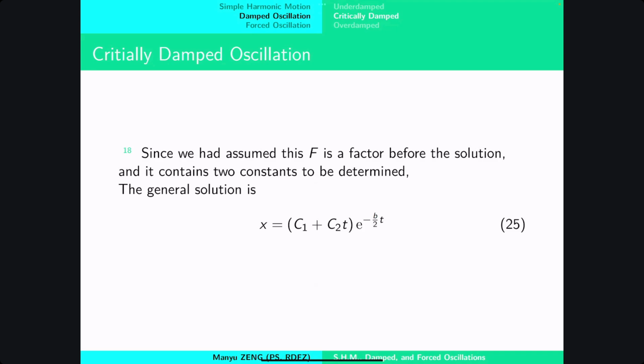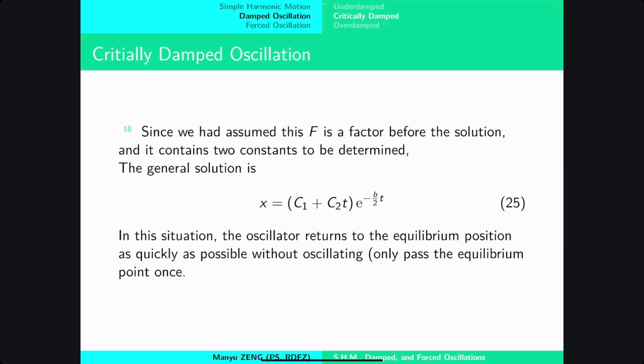It is easier to understand why cosine disappears because originally we got complex solutions for the exponent, so according to Euler's equation, we get these cosine and sine terms. Now we have real solutions, so cosine and sine disappear. So in this situation, there is no oscillation. The mass returns to the equilibrium position as quickly as possible without oscillating.